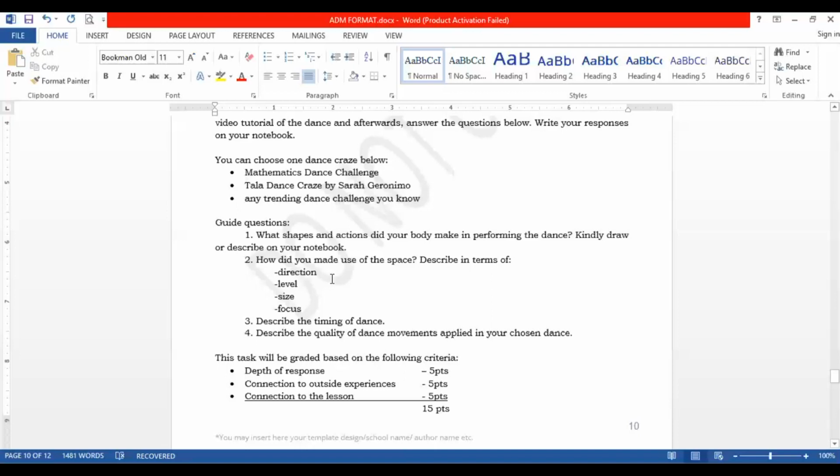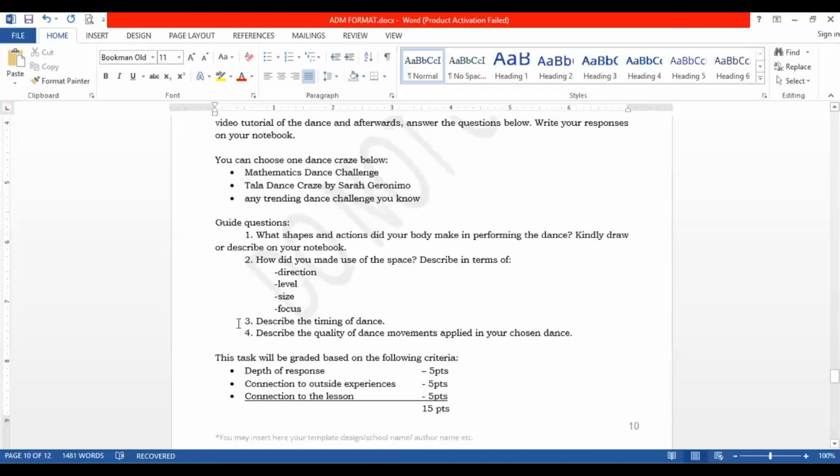No? So number 2, how did you make use of the space doon sa kanilang sayaw? So kung hindi nila pinerform yung sayaw, hindi nila marirealize kung paano nila ginamit yung space, yung element of space sa sayaw in terms of direction, level, size, focus, etc.